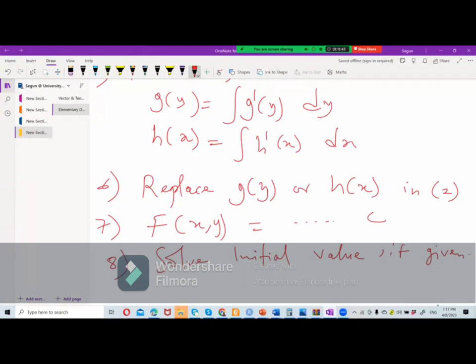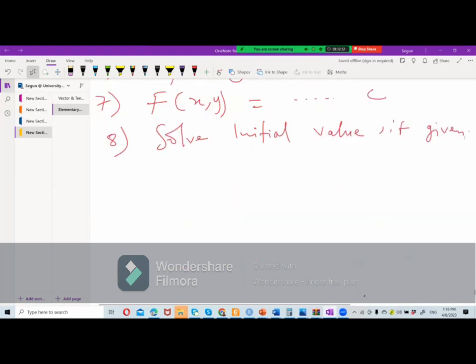So example 3 or 4 now. So we follow the example now with what we have here with the steps so that you can be more clearer.